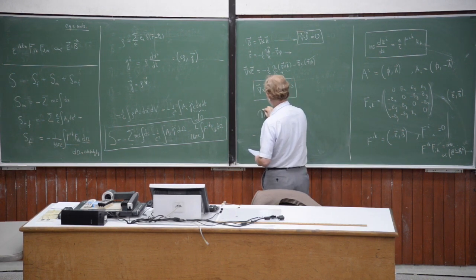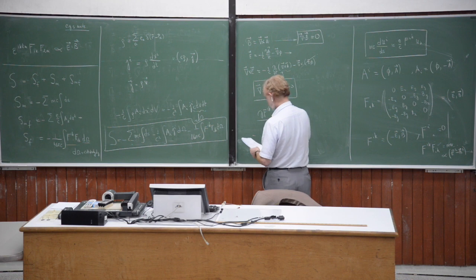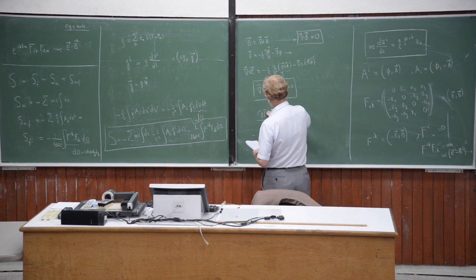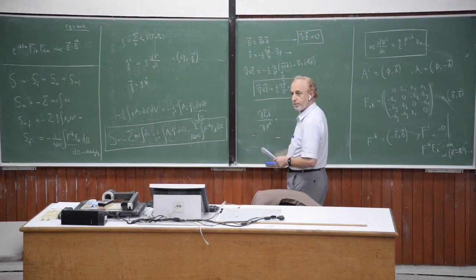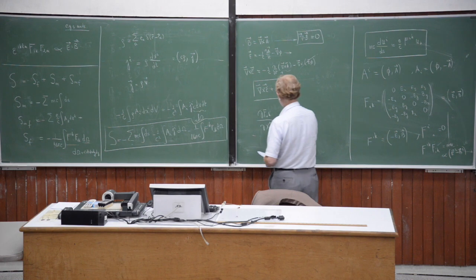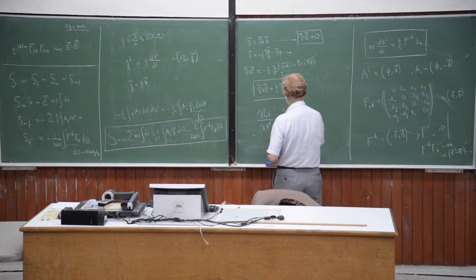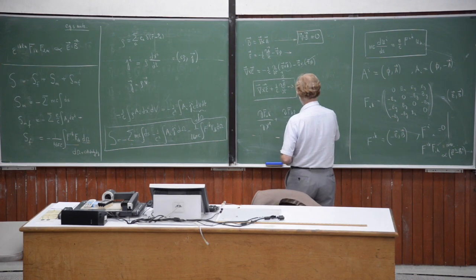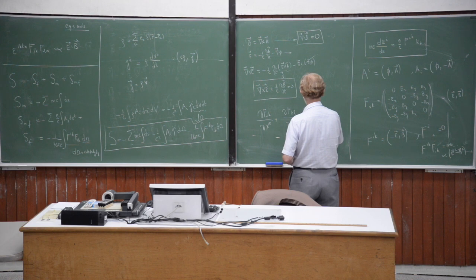So I say partial F_IK partial X_L plus, and then I do a rotation: partial F_KL partial X_I plus partial F_LI partial X_K.